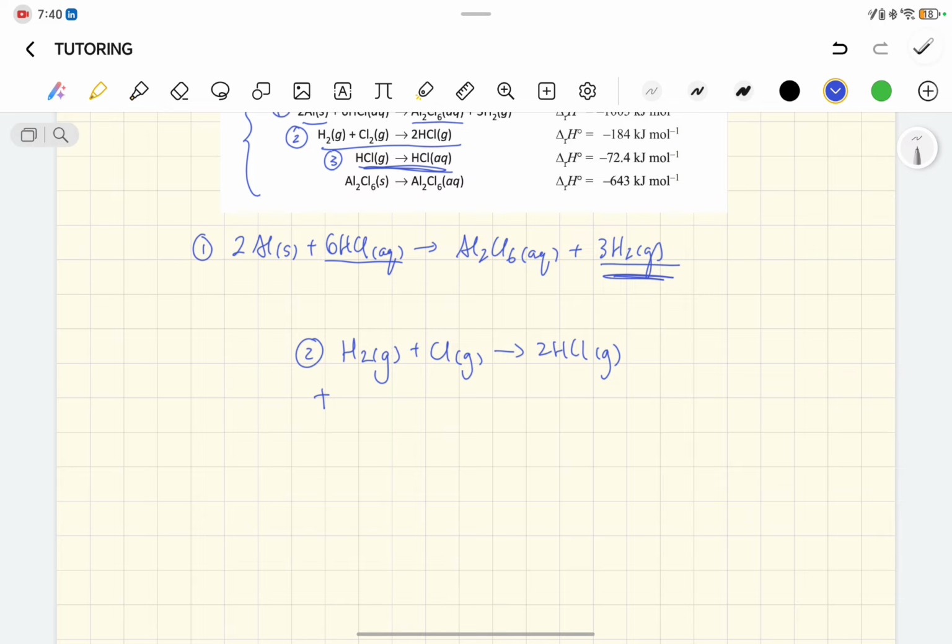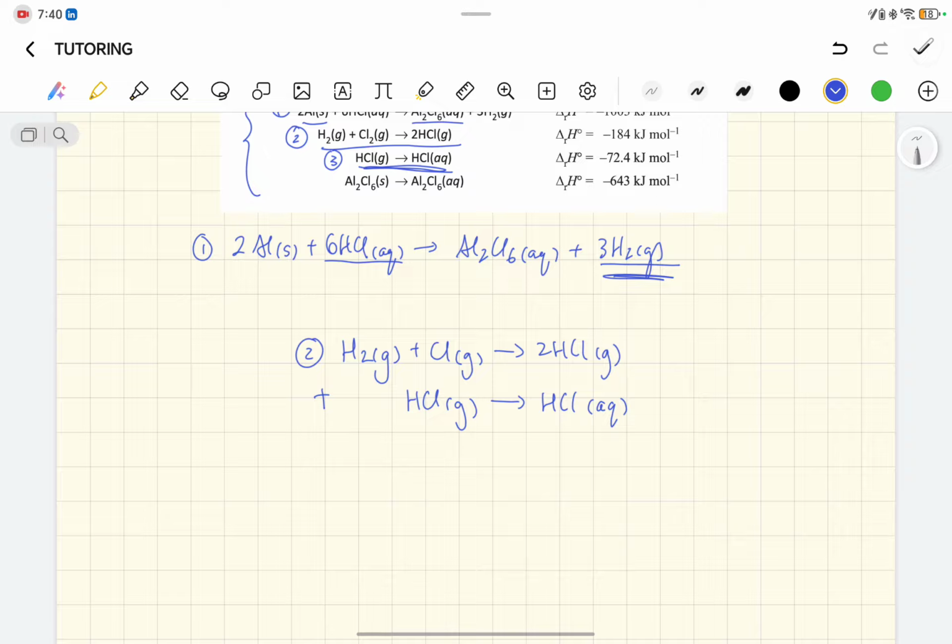And essentially what we're trying to do to reaction 2 is to remove the HCl gas and then add on the HCl aqueous. And we can do this by just adding on the third equation, which is HCl gas goes to HCl aqueous.